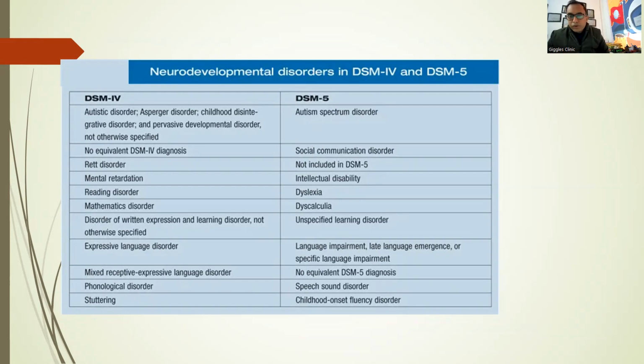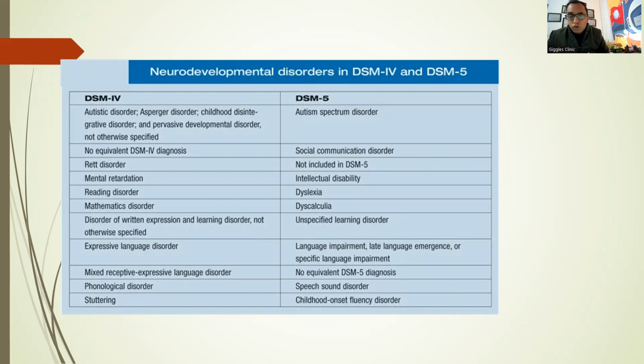So reading disorder has now been replaced by dyslexia. Dyslexia was not a term used in DSM-4. Dyscalculia was also not used in DSM-4. Expressive language disorder has now been replaced by language impairment. Phonological disorders have now been replaced by speech sound disorder. We do not use the word phonological disorder nowadays; it is obsolete. As per DSM-5, we use the term speech sound disorder.